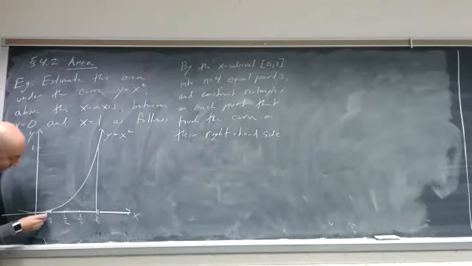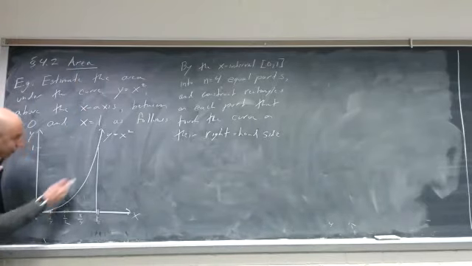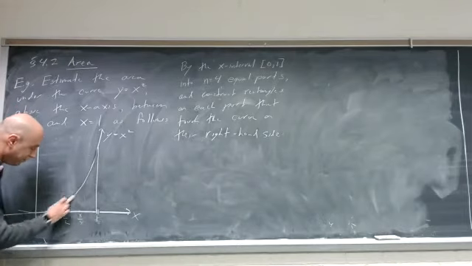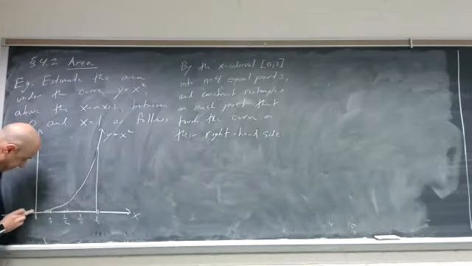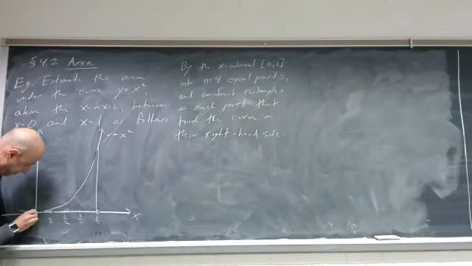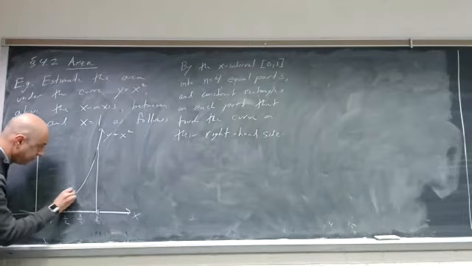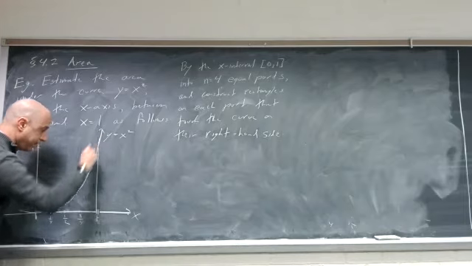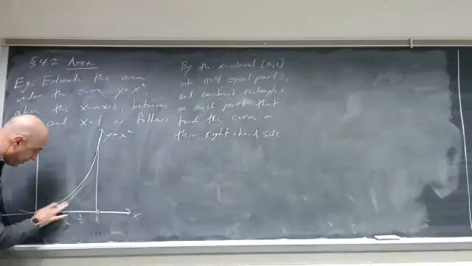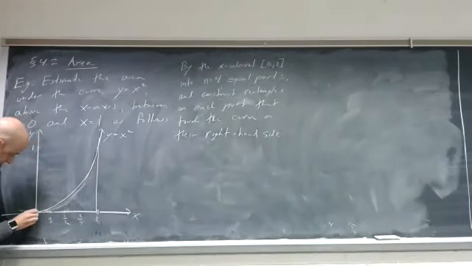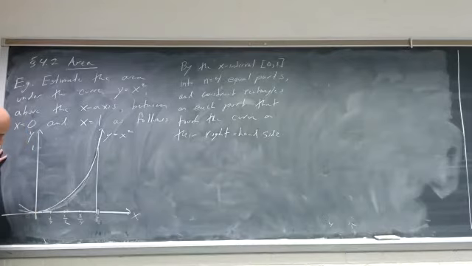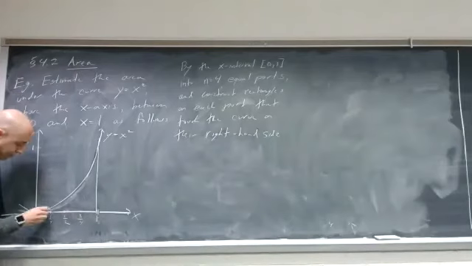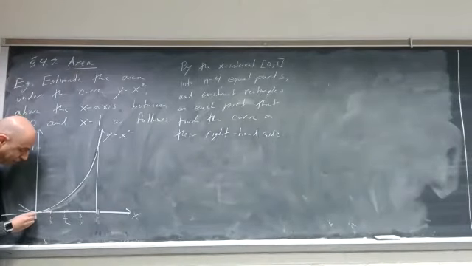So the first rectangle is going to touch the curve. Let me sketch this a little bit. I think that's closer to what the curve actually looks like. So the first rectangle is going to be between x equals 0 and x equals 1/4.